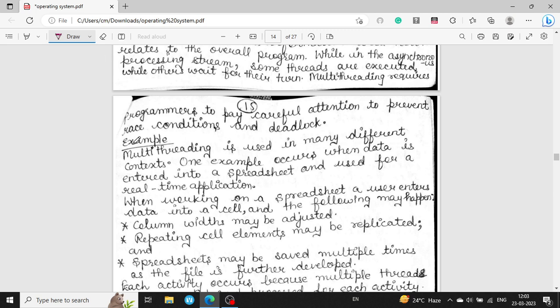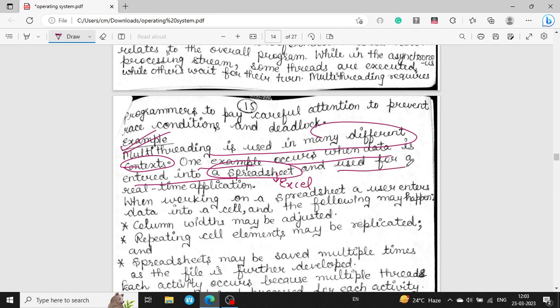For example, multi-threading is used in many different contexts. Context means states. One example occurs when data is entered into a spreadsheet. Spreadsheet means Excel sheet, and it is used for real-time applications.